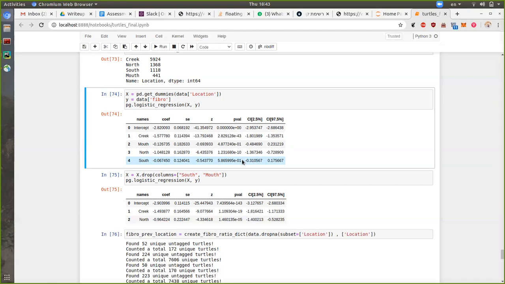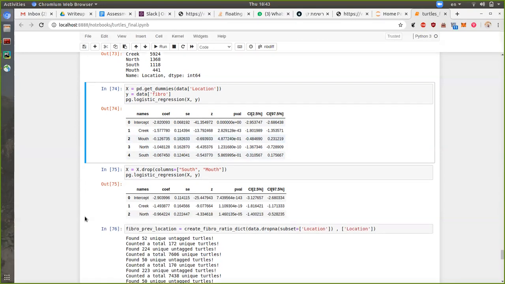Might be something with missing values, or some nonsense in the implementation, because there's enough data. This still needs work, but we will have results that make sense and that will tell us where it is most likely to get fibro, and the contribution of each of the locations.